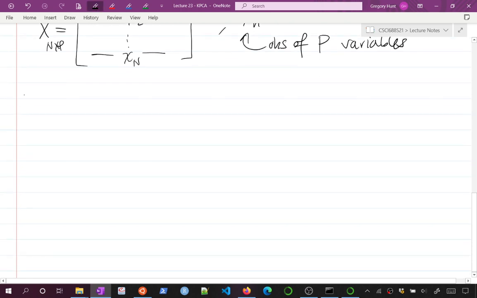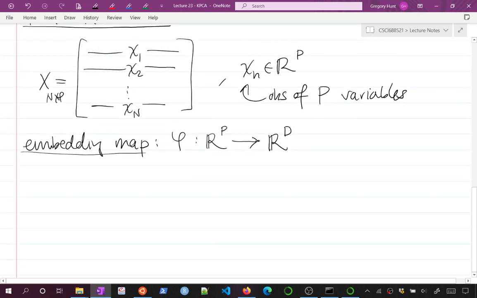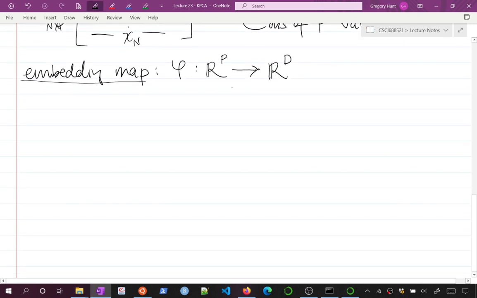And I'm going to consider some embedding map or function, and I'll call it phi. This is a function that takes our xn's, which are in R^p, and puts them in some other, let's say, d-dimensional space. Typically here, d is going to be much larger than p.